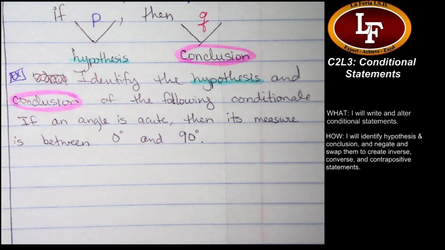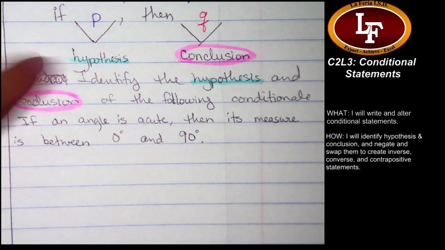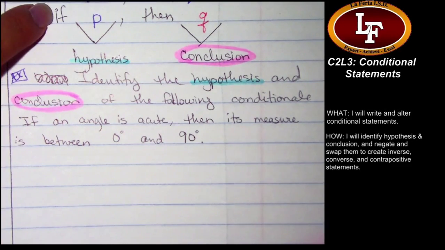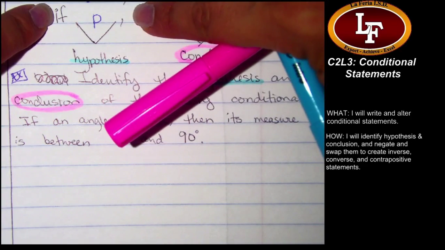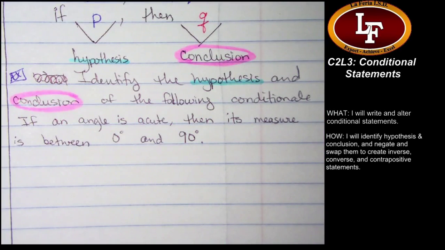All right. So, in this conditional statement, if an angle is acute, then its measure is between 0 and 90. Identify the hypothesis. Let's look. The hypothesis was the stuff that came after the if but before the comma.